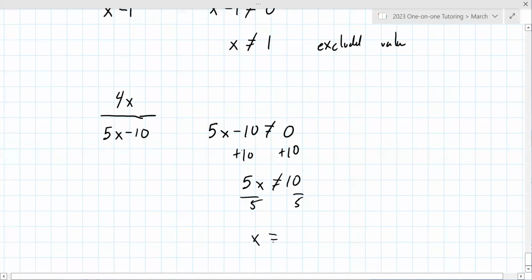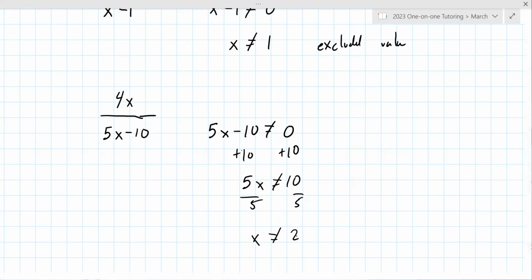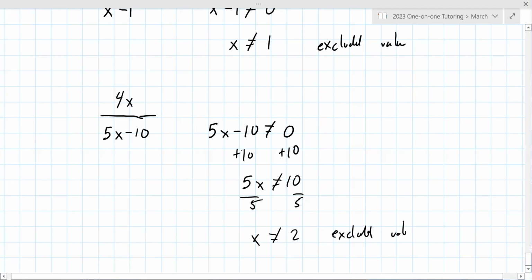So x cannot be 2. That's the excluded value. Yeah.